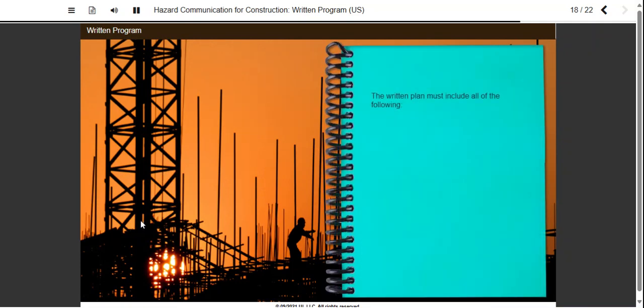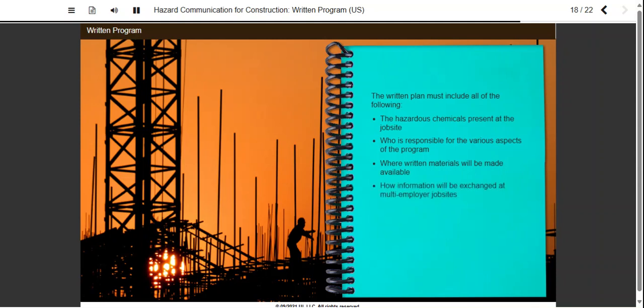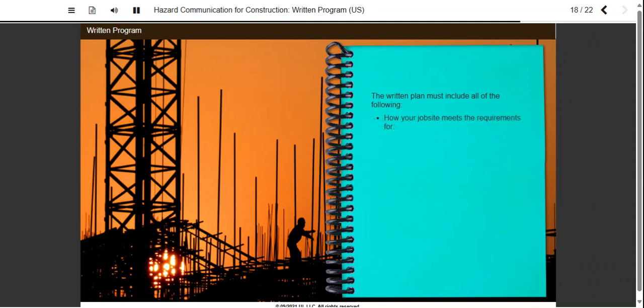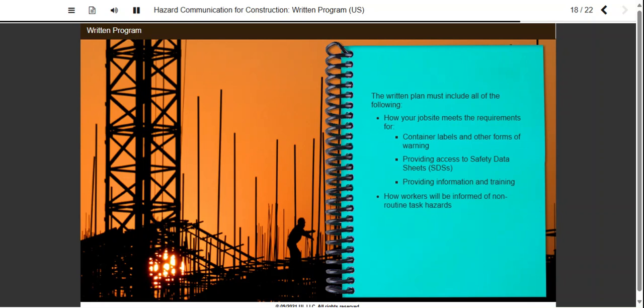The written plan must include all of the following: the hazardous chemicals present at the job site, who is responsible for the various aspects of the program, where written materials will be made available, how information will be exchanged at multi-employer job sites, and how your job site will meet the requirements for labels and other forms of warning, safety data sheets, and information and training. Companies must also describe how they will inform workers of the hazards of non-routine tasks.